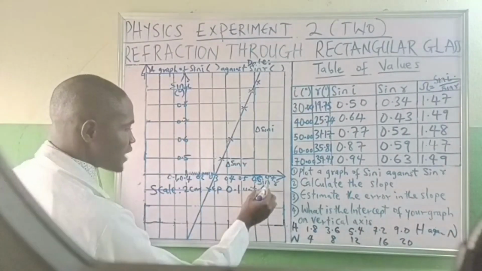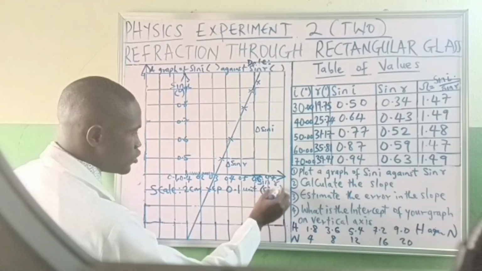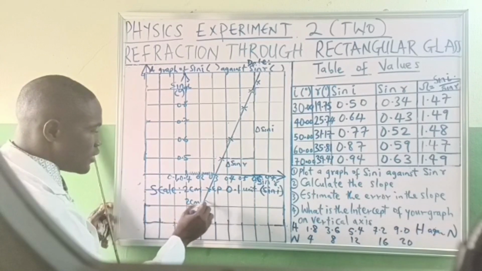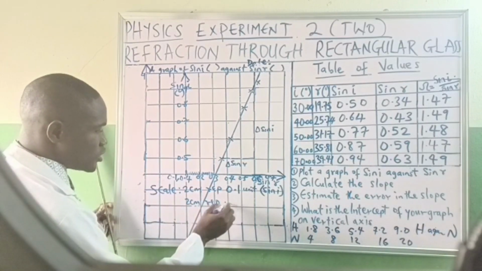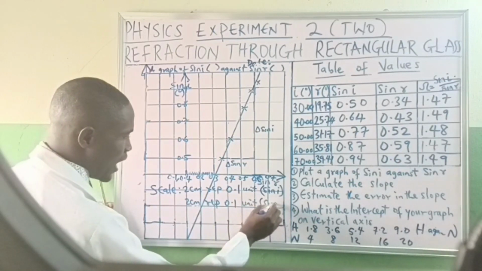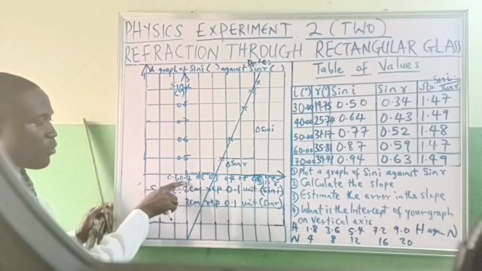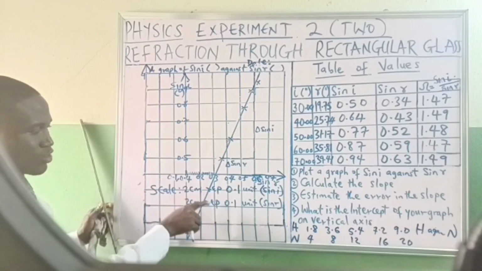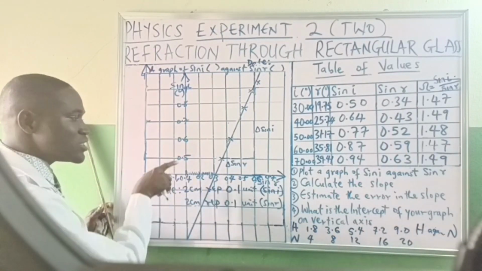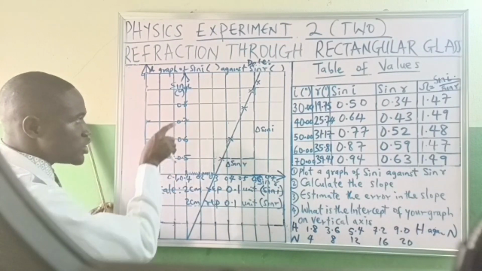That is for the sin i axis. Then you also say 2 cm represents 0.1 unit in sin r. So it is not 0.4 that you started with that you put as representing 0.4 unit. You are representing it with the difference between each.